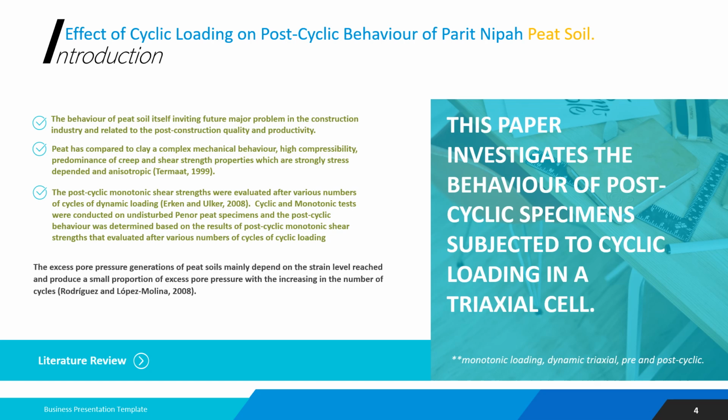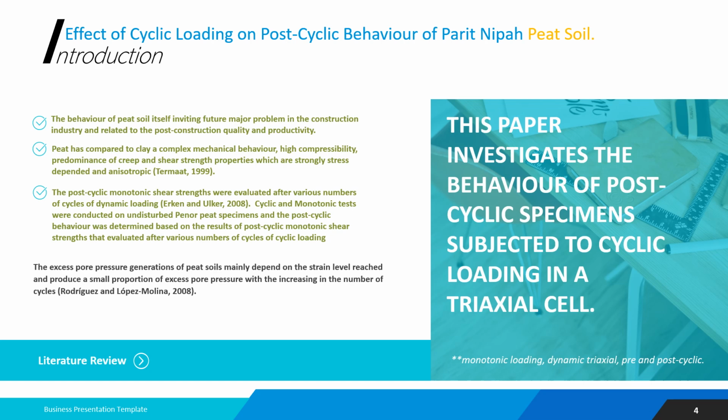The post-cyclic behavior of peat soil after subjecting to cyclic loading is presented in this paper. Tests were carried out on samples by allowing the cyclic pore pressure developed during cyclic loading to dissipate and without dissipation, while the sample was subjected to post-cyclic monotonic loading.